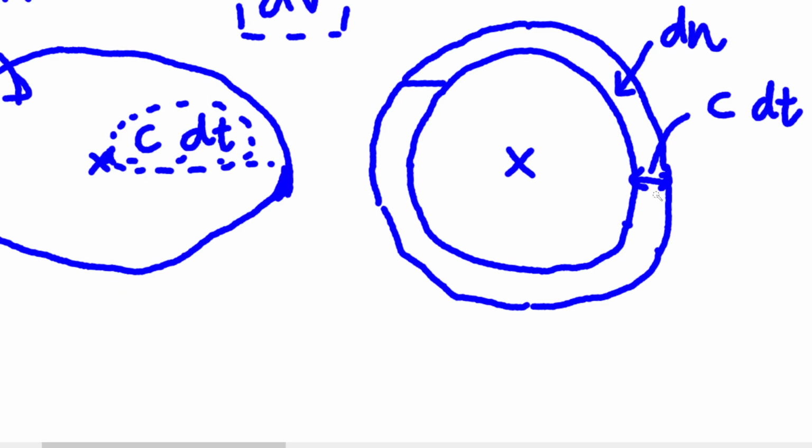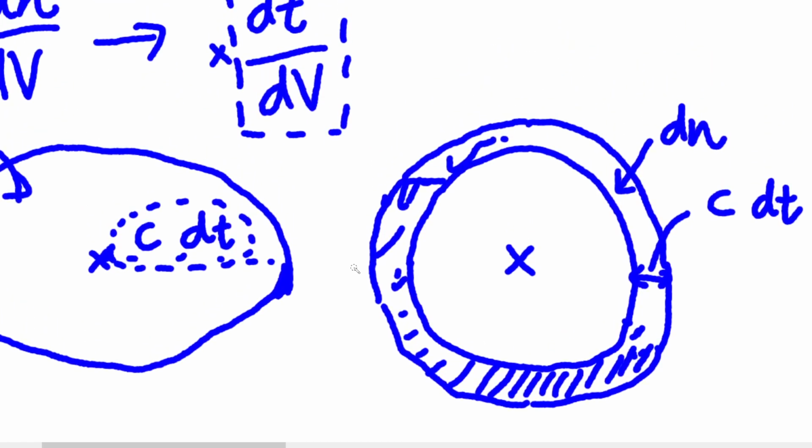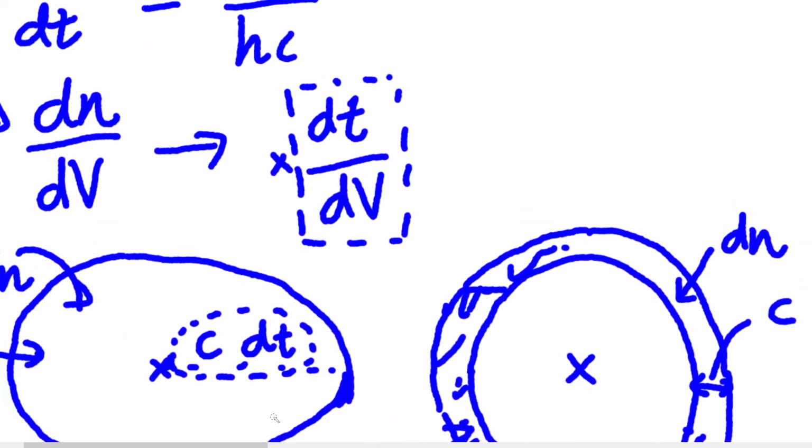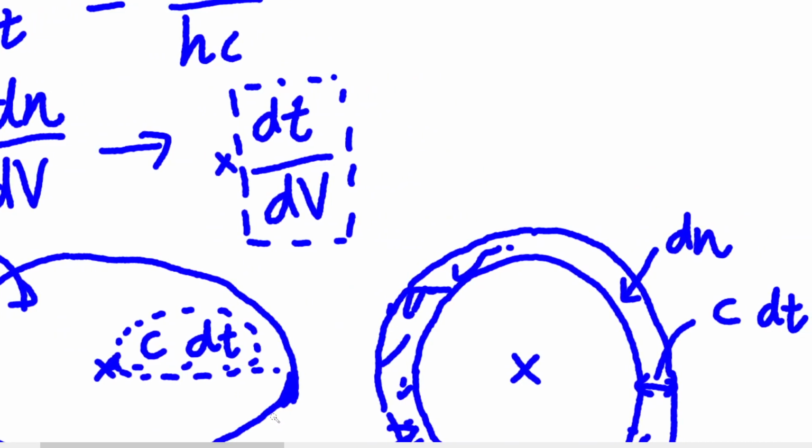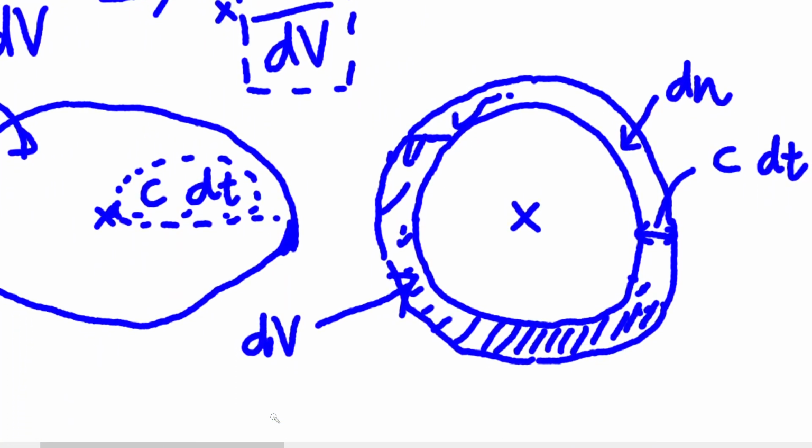And if we can calculate the volume of this space at a particular radius r away from the lamp, then we can call this space to have an infinitesimally small volume dv, and use that information to finally calculate dn by dv based on this dt by dv idea.